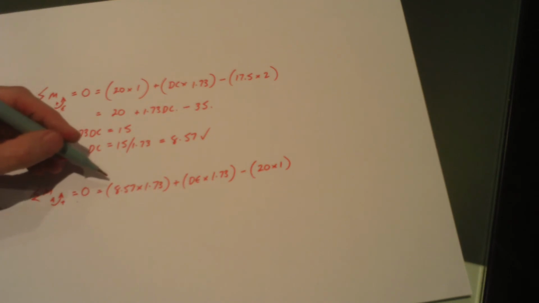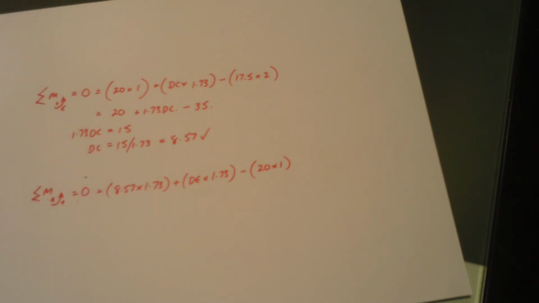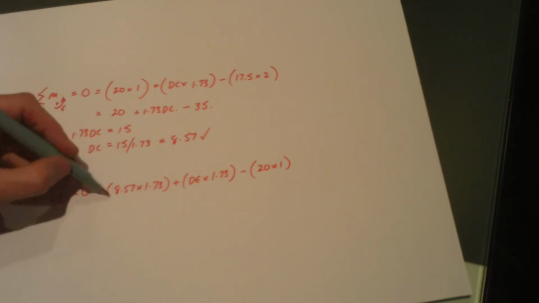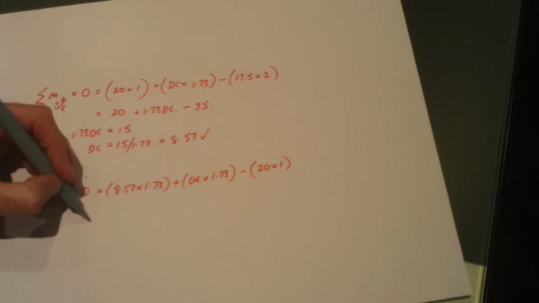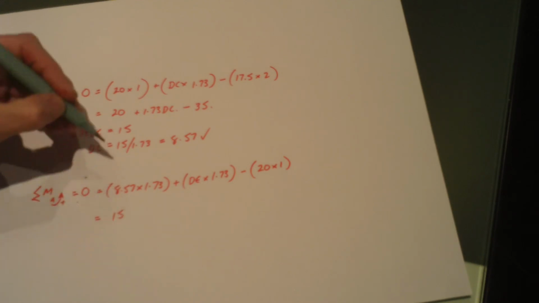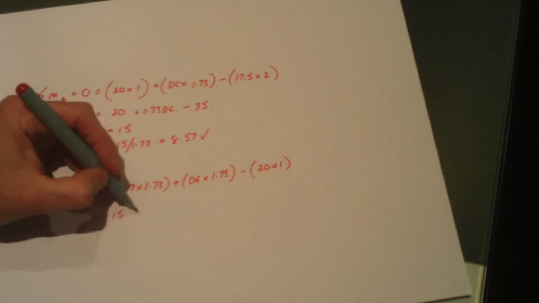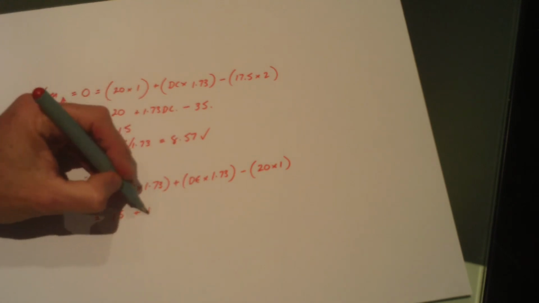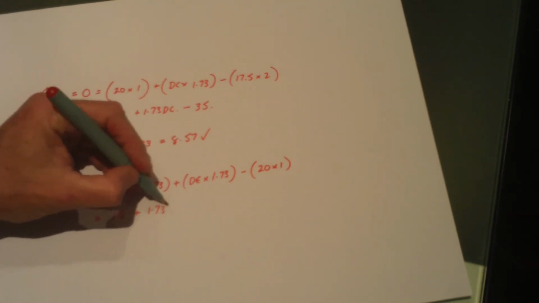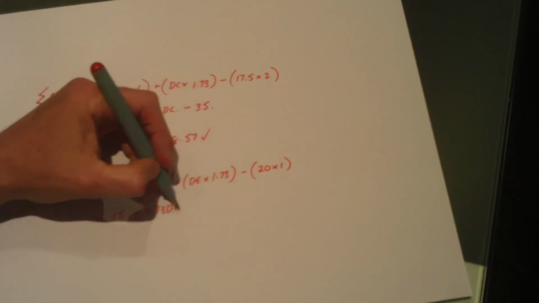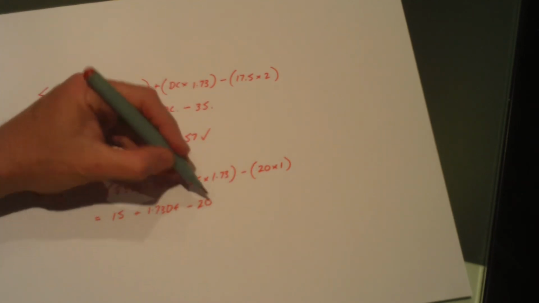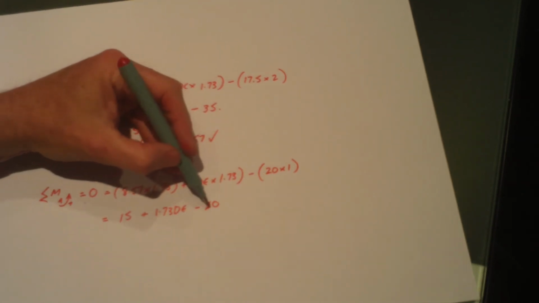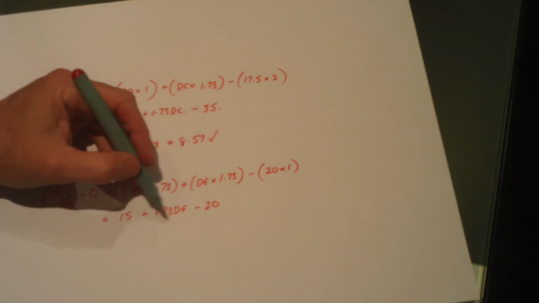Do the numbers on all of these and you find out as you go through. Again, 8.57 times 1.73, we know what that is, it's back to 15, so we can put that one in because it's just reversing the process we did up here, plus, and now we do the 1.73 DE thing we did before, minus 20. Now notice the difference this time is minus 20 and 15. The difference is 5.